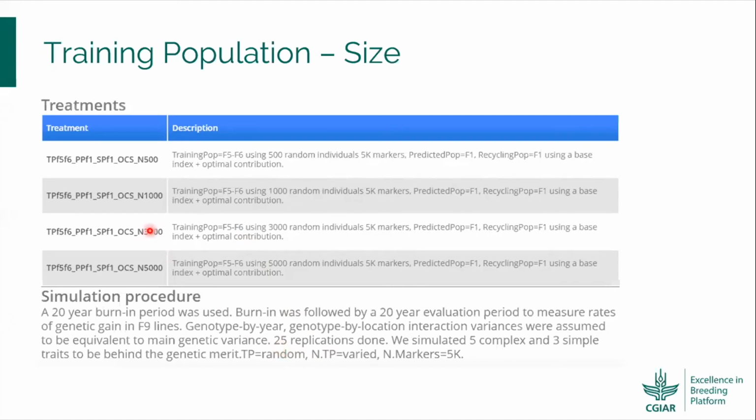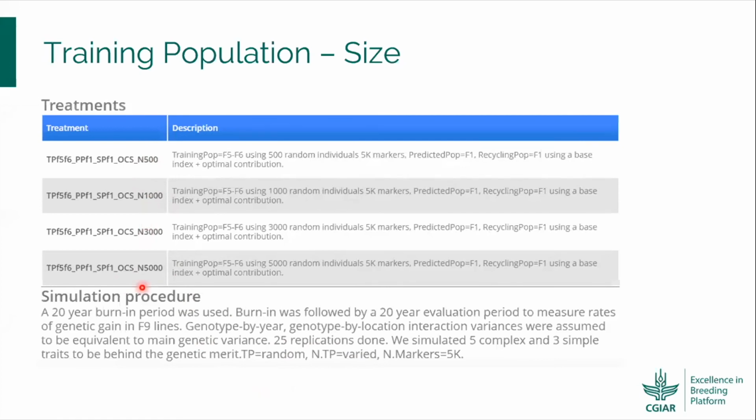So we didn't explore many individuals in the training set, but at least we explored some small numbers up to something intermediate. Some of you know that a GBLUP model with 5,000 individuals might take up to 20 minutes to run just for a single trait. And remember, we are running it for multiple traits, for multiple years, for multiple replications. This is what we vary.